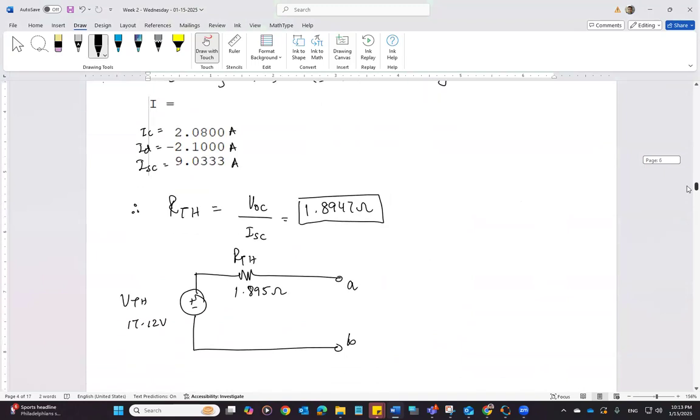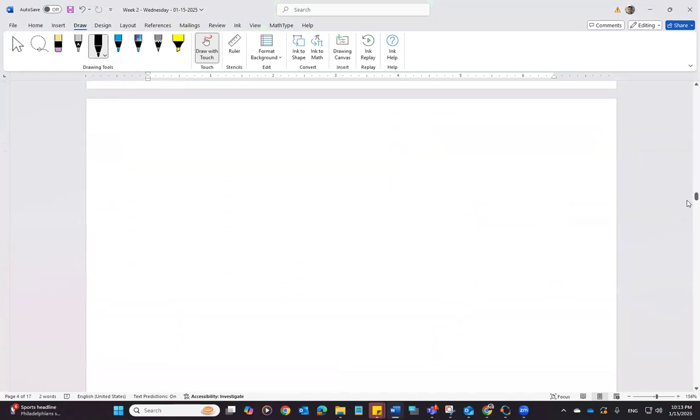Method number 3 to calculate the same R Thevenin, with dependent sources.